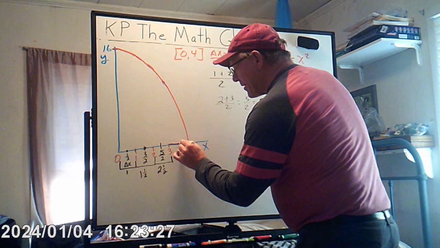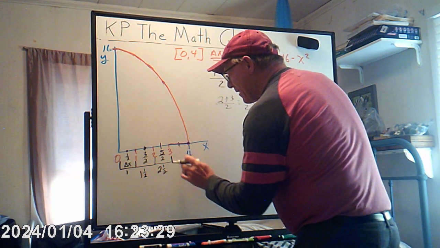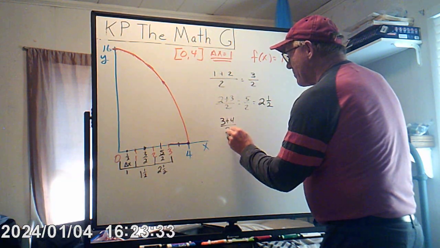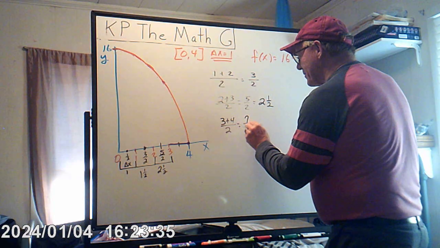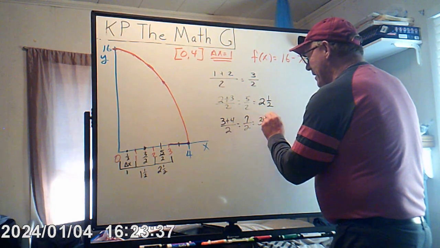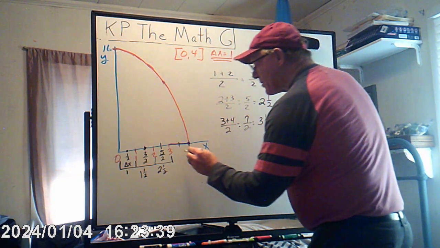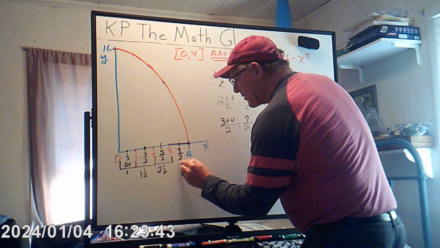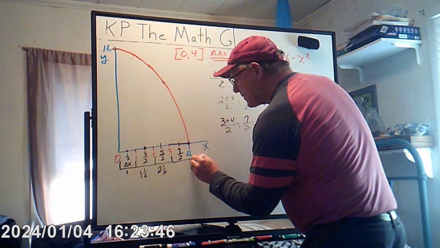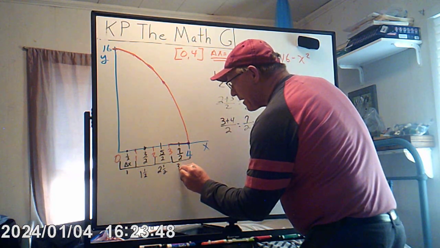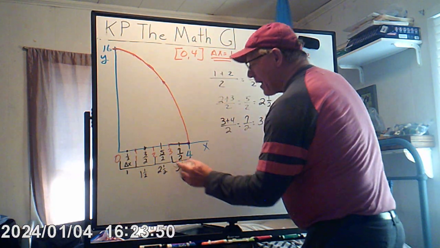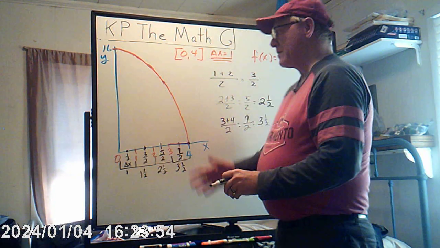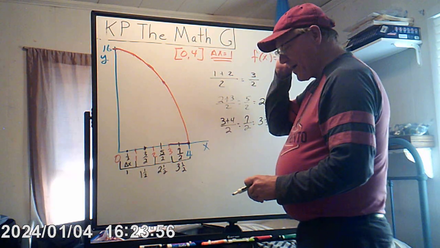And you can probably guess this is 3 and 1/2. 3 plus 4 divided by 2 is 7 over 2, which is 3 and 1/2. I like to leave it as improper fractions. It's going to be easier for us to do that.